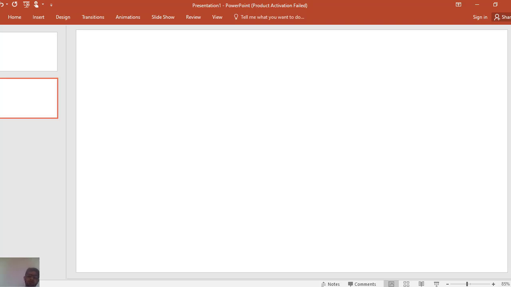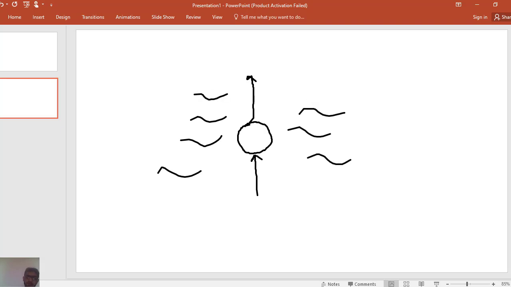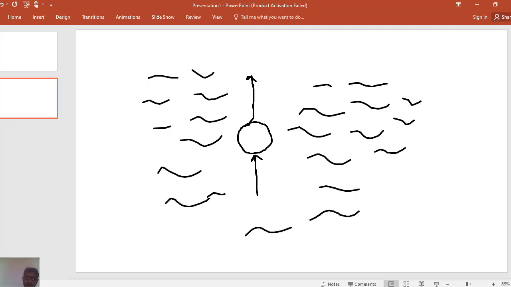Suppose the air bubble is rising in the water. This is the water, and this is the air bubble.